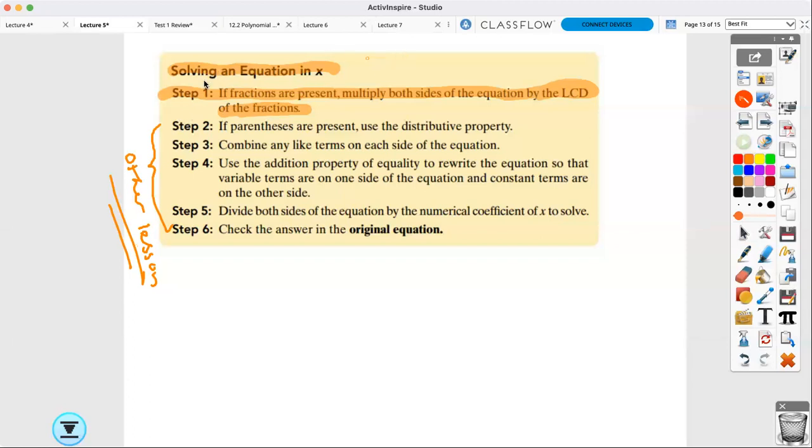I'm only writing the first step because we wrote the other steps already. If you want to write the other steps, you are welcome to. Not going to discourage that, but I mainly want you to write the first step because you do have the other steps from the other lesson in chapter 3 when it comes to solving equations.